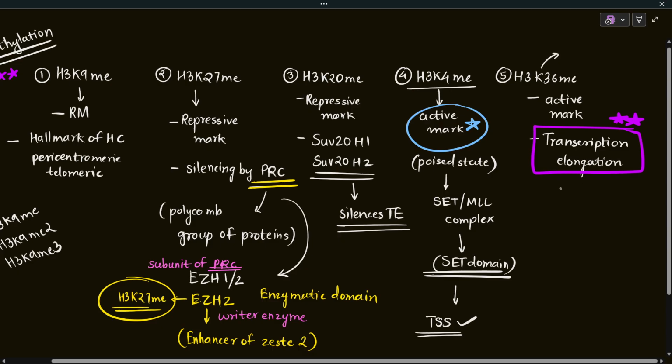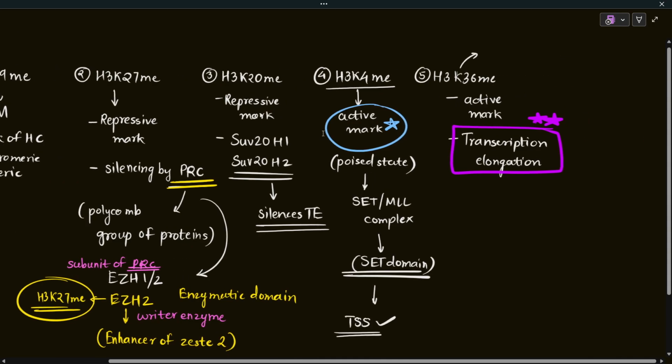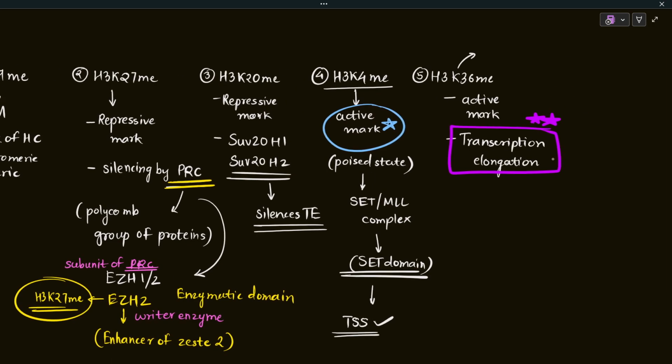So from the purpose, since it is required for transcription elongation, you can obviously guess the site of this mark. What would be the site? Pause the video, think about it. So the site of the H3K36 methylation on the H3 protein, it has the purpose of elongation, right? So it should be done at the 3' end of the transcribing genes.